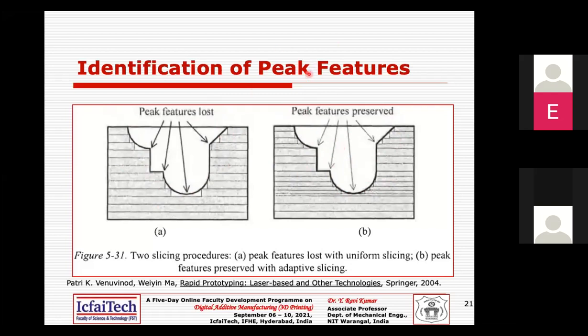The idea is to identify certain peak features and retain them in your fabrication. All this comes under design for additive manufacturing. Otherwise, if you do it erroneously, you will lose these features, right?